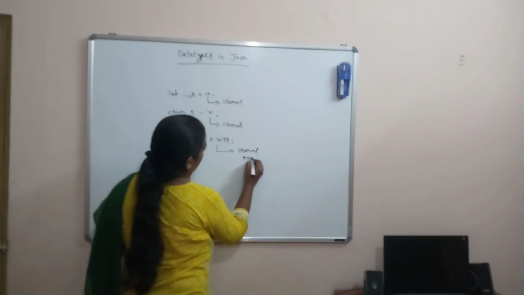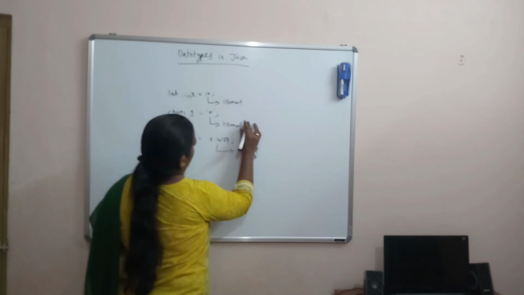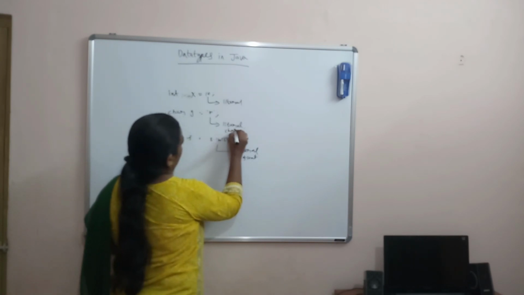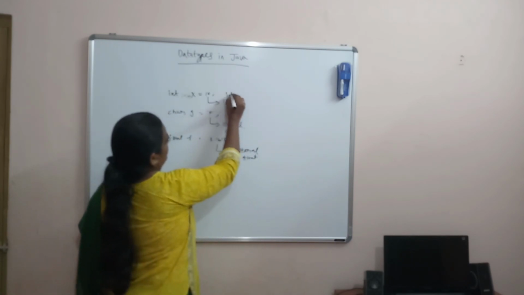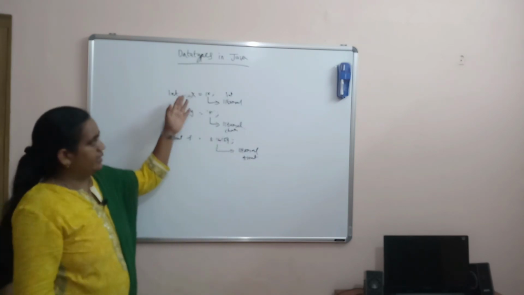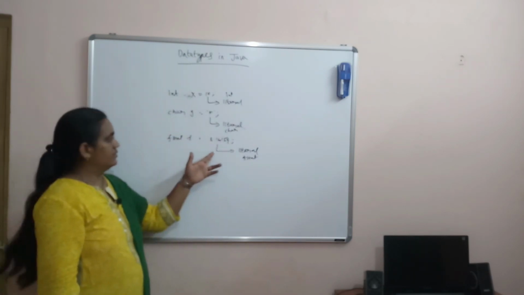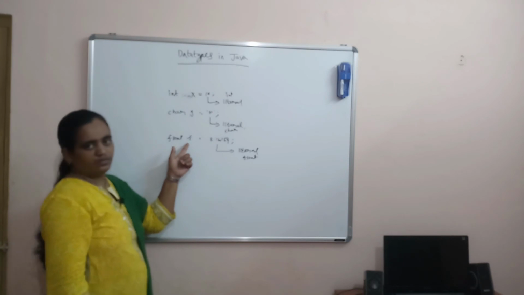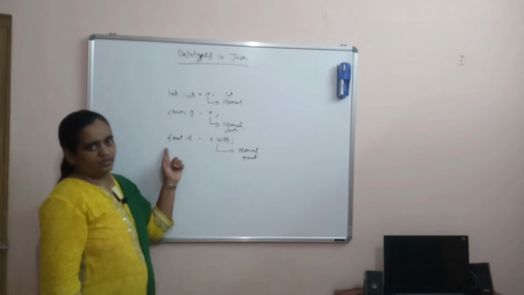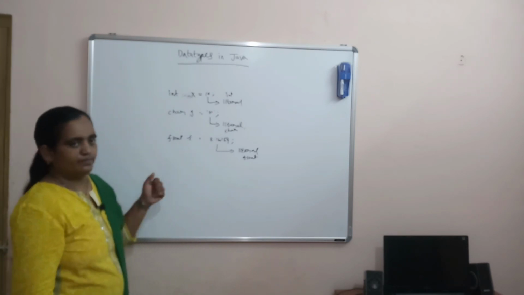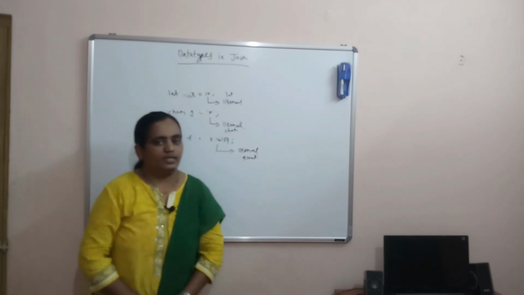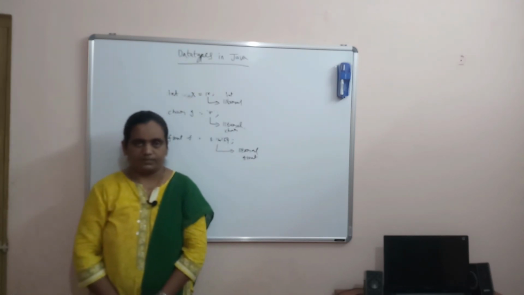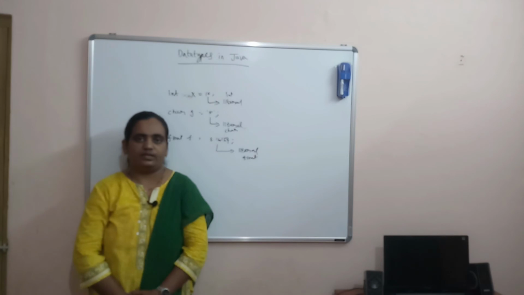Character literal, int literal. Like this we can declare the different types of literals and store those literal values into variables according to the corresponding data type. This is the main concept of data types in our Java language.